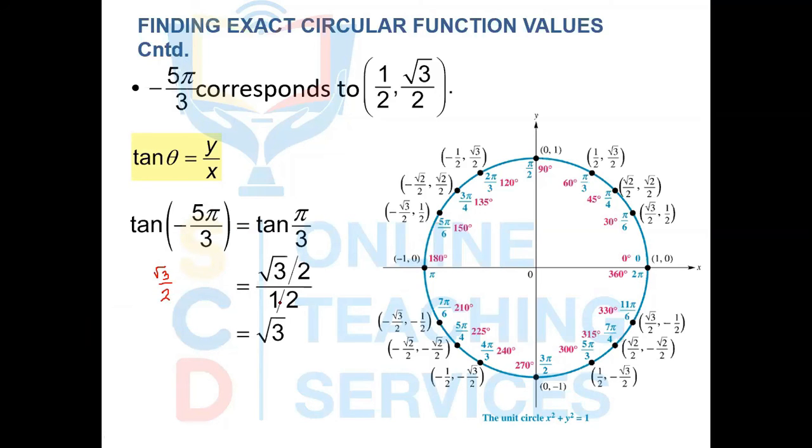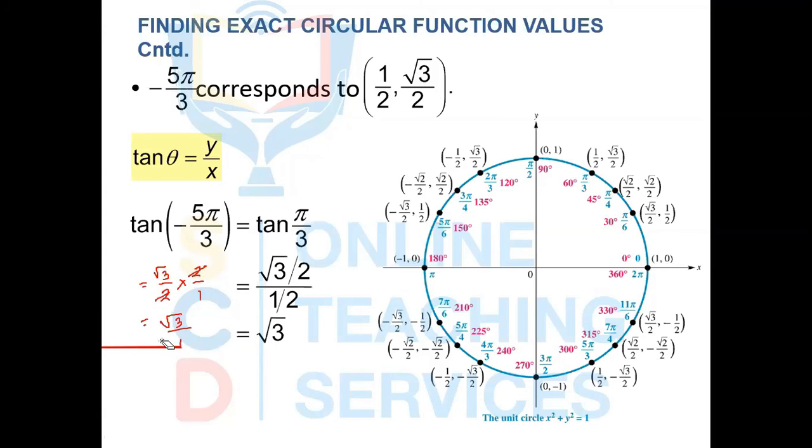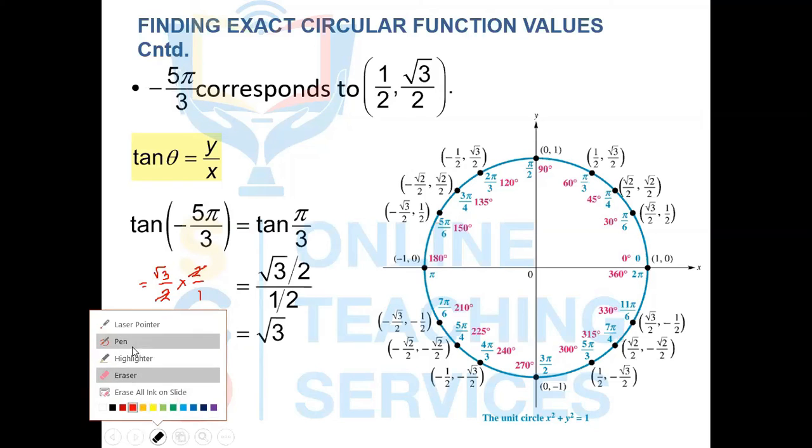Yes. Divided by 1/2, so we get the reciprocal of that, which is 2 all over 1, correct? And then we change the operation to multiplication. Can you follow? Yes. So we cancel what is common. What is left is square root of 3 all over 1. And what is square root of 3 divided by 1, Jessalyn? Square root of 3. Okay, that is why the answer is square root of 3.